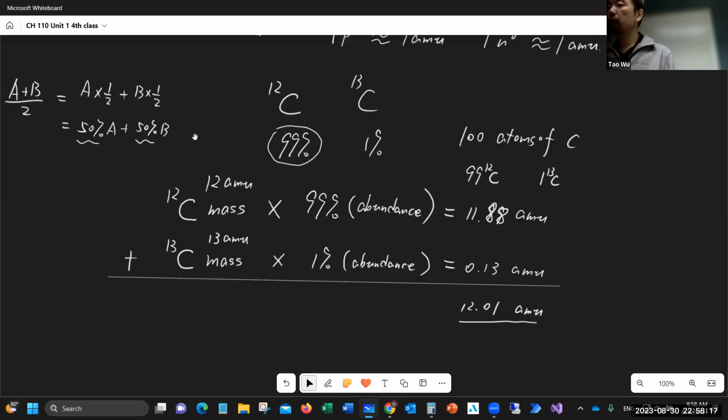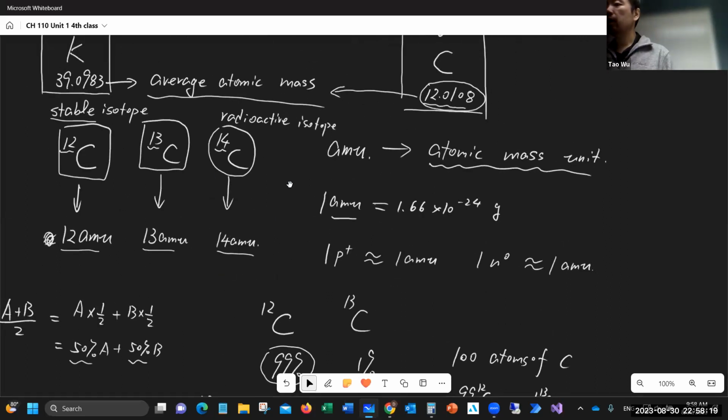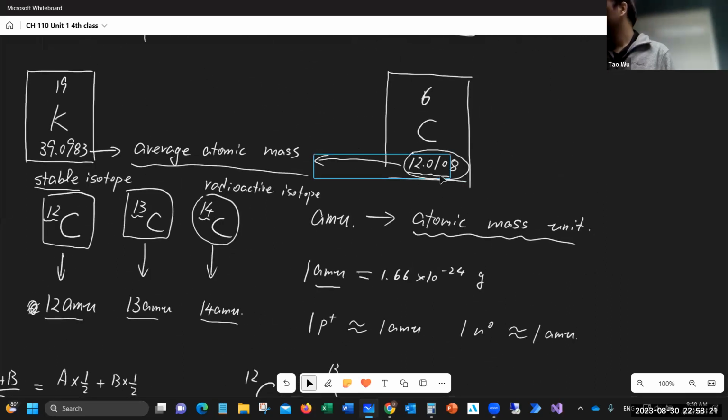So the value shown over here is more accurate, either because the percentages they use are more accurate, or because the atomic mass of each carbon isotope is more accurate, so they get more accurate results. Are you clear?